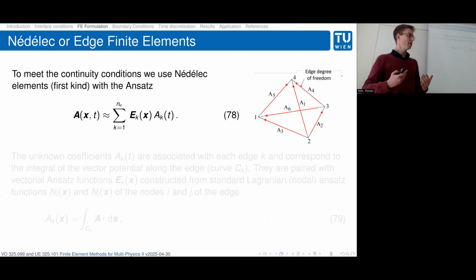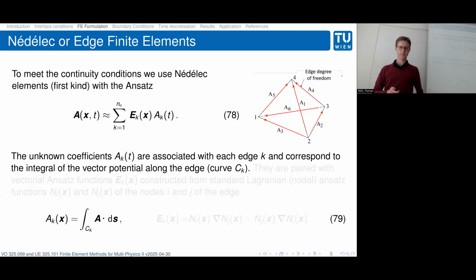So we've seen nodal elements are not suitable for the curl problem. What is suitable are so-called Nedelec or edge finite elements, and they have edge-type ansatz functions. So we build up the A field as usual as a combination of space-dependent ansatz functions. They are vector valued, so boldface e_k. And for each edge k, we have one ansatz function that we multiply with one coefficient a_k.